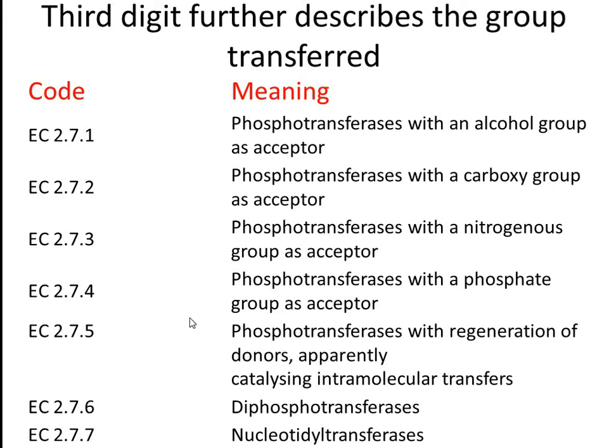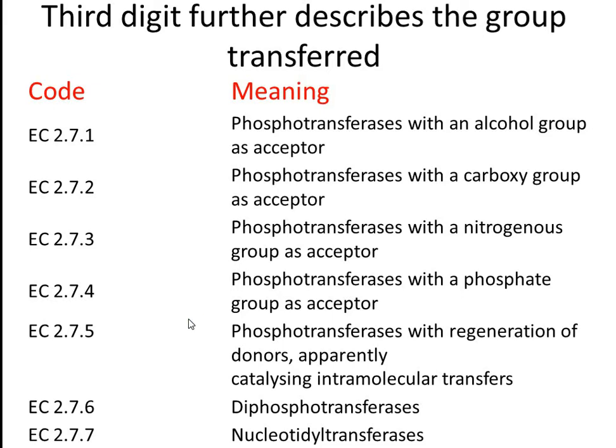Thus, if the second digit is 7, it indicates these are the enzymes which involve the transfer of phosphate. So if the third digit in this class is 1, it means that these are the phosphotransferases with an alcohol group as an acceptor. If the third digit is 2, it indicates that these are the phosphotransferases with a carboxyl group as an acceptor.